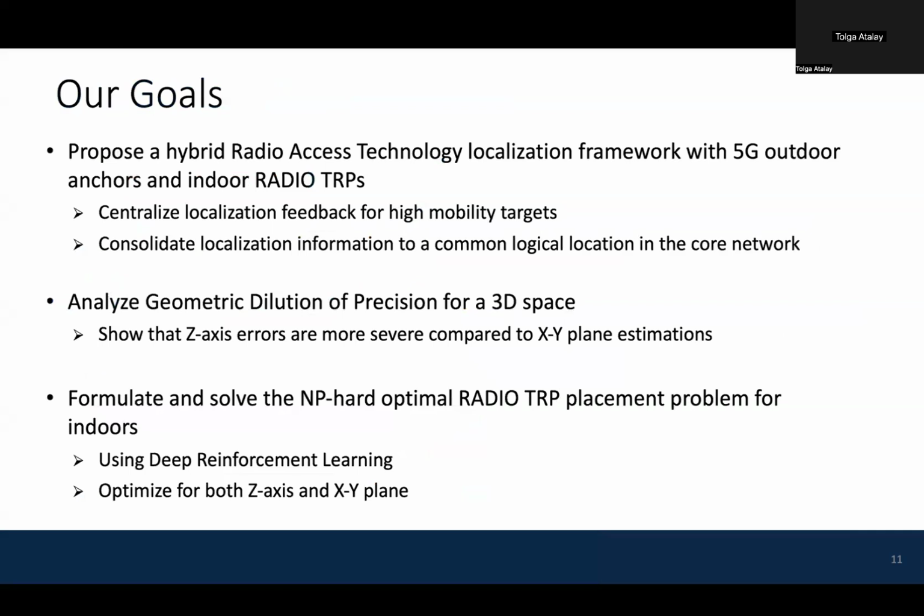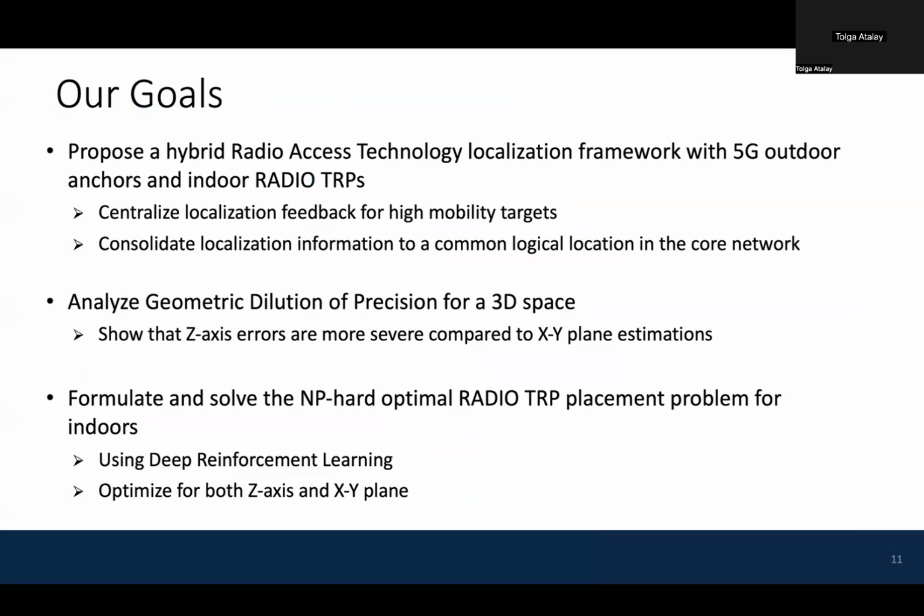So before I describe the framework, I want to summarize the goals here. Our goal is to propose this hybrid radio access technology localization framework with 5G outdoor anchors and indoor radio TRPs, right? To centralize localization feedback for high mobility targets, we want to consolidate localization information to a common logical location in the core network.